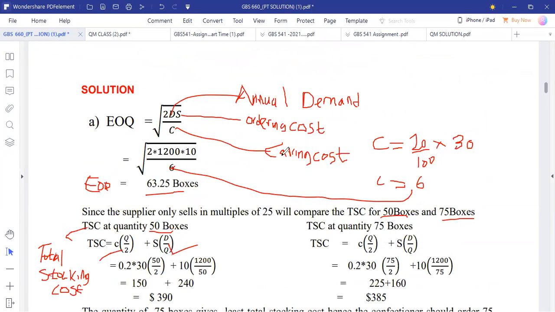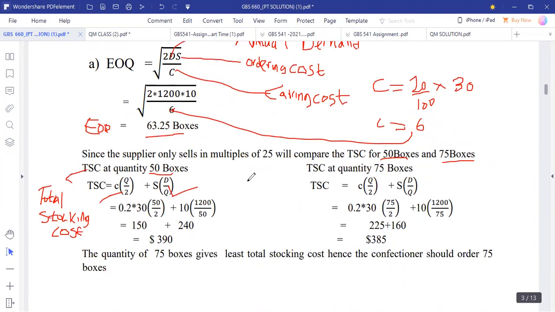I've given the composition of whatever needs to be explained for people to understand. Getting down to this, ordering cost is 10. Our annual demand is 1,200. And we are actually looking at 50, because this one is in between intervals of 50 and 75, like I mentioned.